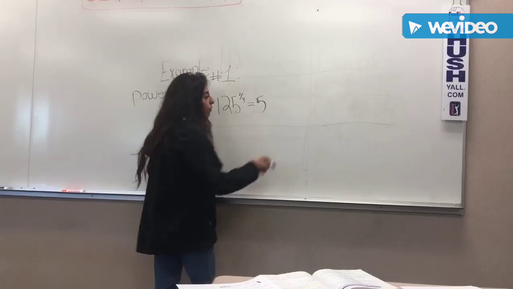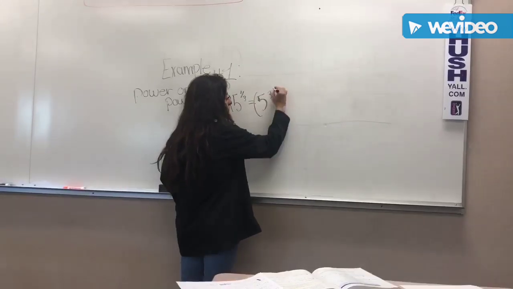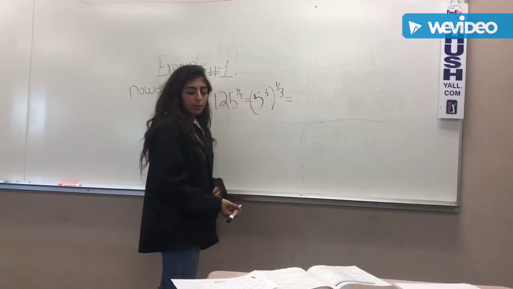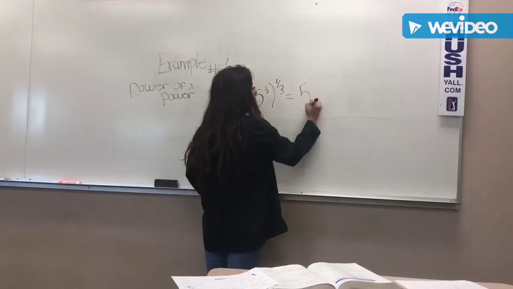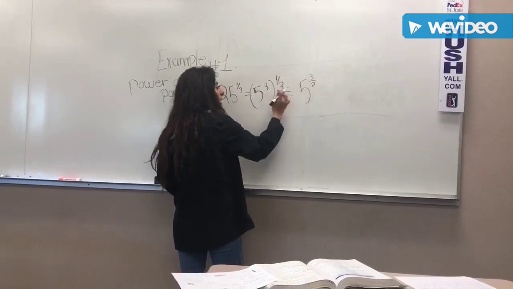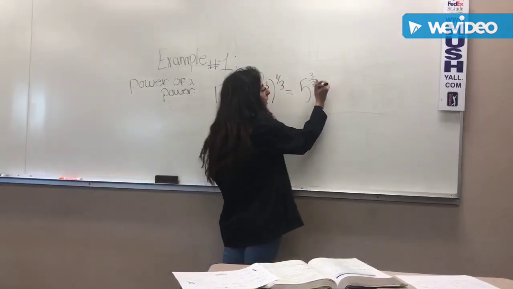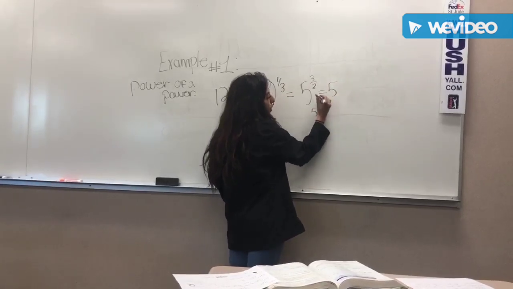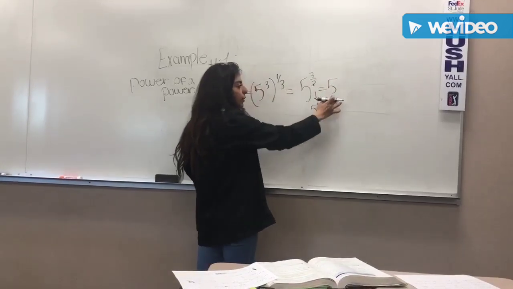And then it will be 5 to the 3rd, to the 1/3 still. When we simplify this some more, it would be 5 to the 3 over 3, because we're multiplying these together, and that would make that a whole number. And then in total, this would just be 5, because 5 over 1, which is what this would equal, ends up being just a whole number.